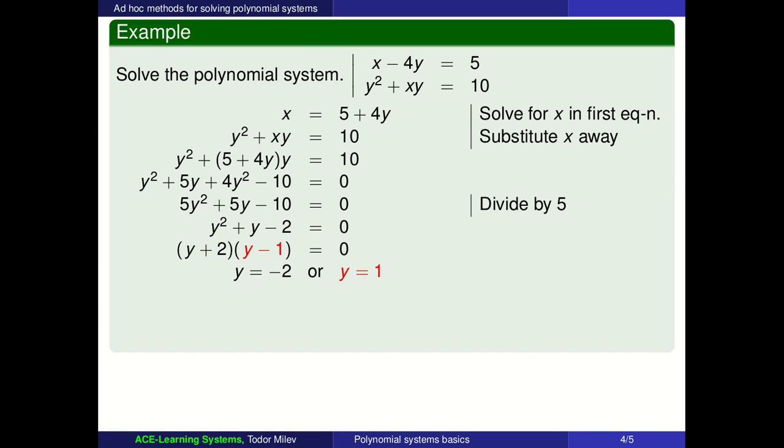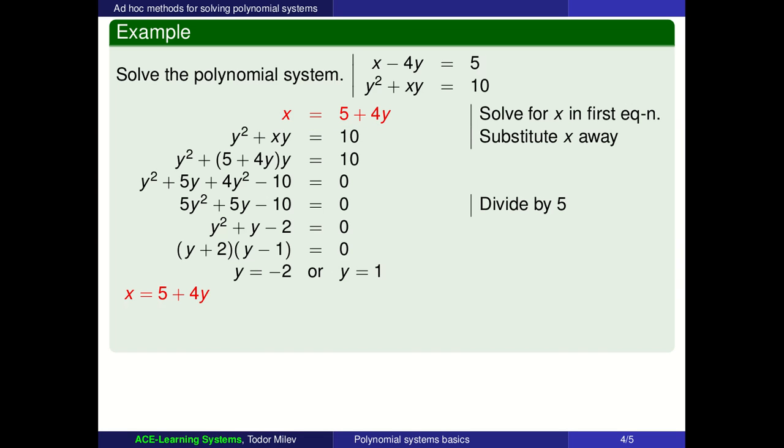So our solution branches into two cases. Case 1, y equals -2, and case 2, y equals 1. In the first case, we are not quite done because we haven't found x yet. However, we remember that from the very beginning, we found that x equals 5 plus 4y.